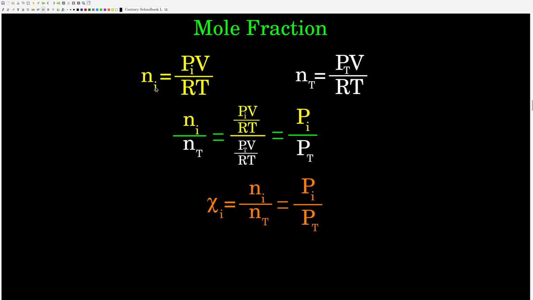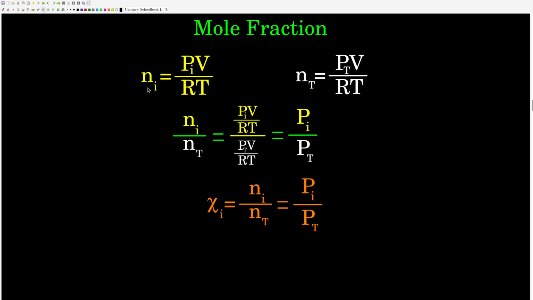Using the ideal gas law, PV equals nRT, or n equals PV over RT. So n of i is equal to P sub i, the pressure of gas i, times V over RT. The total number of moles will be equal to the total pressure times V over RT.